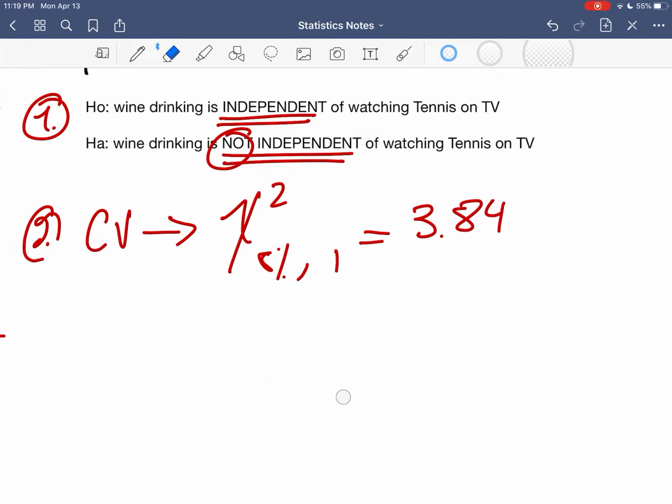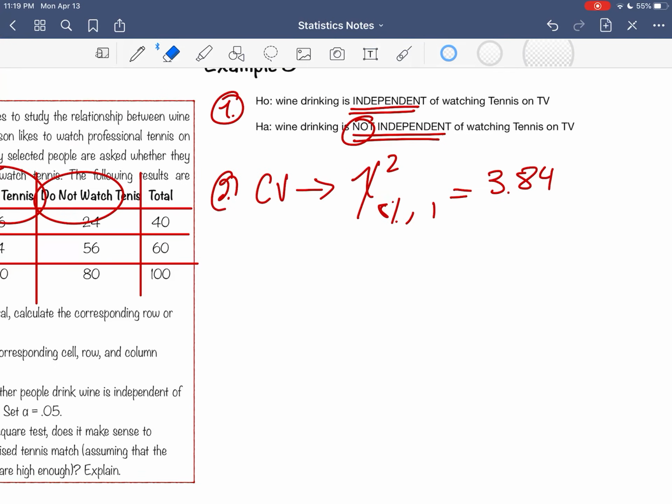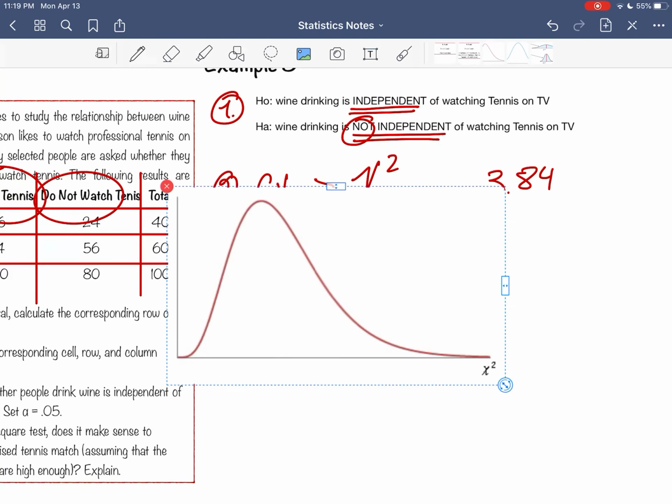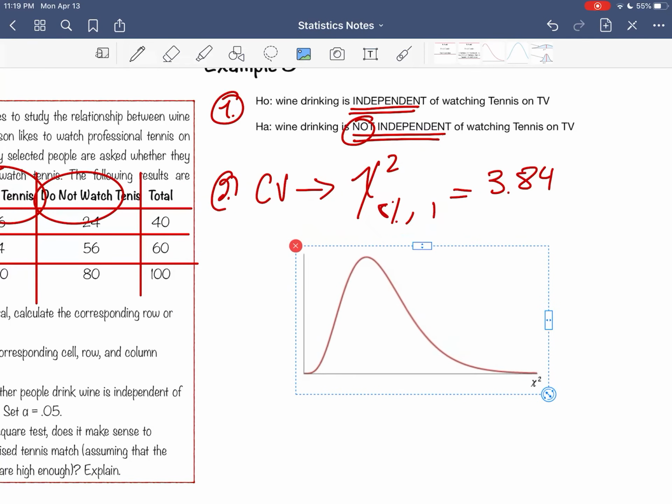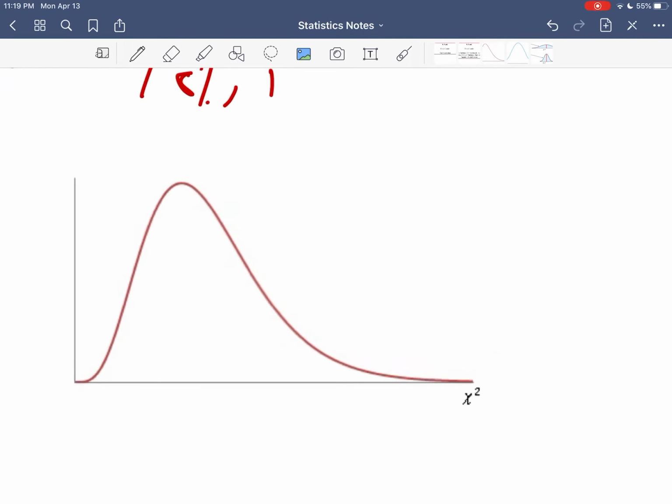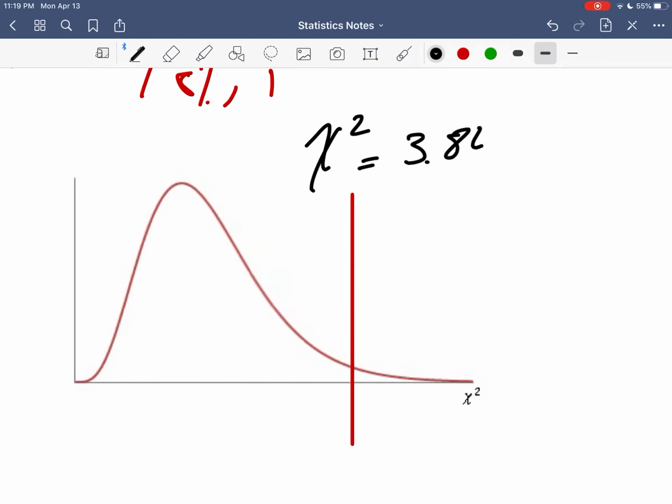Clean it up here. For illustrative purposes, let's go ahead and add the chi-squared right there. And here is your cutoff mark. Of course, any test statistic that comes in to the right, reject H0. Anything that comes in to the left, do not reject H0.